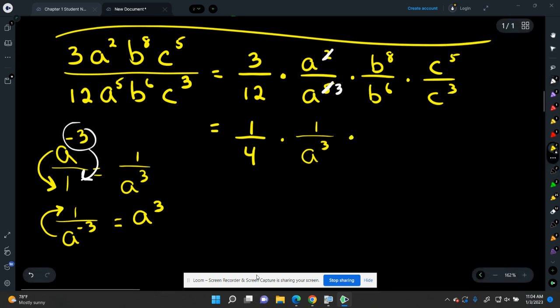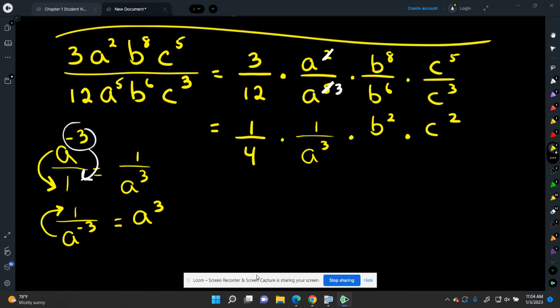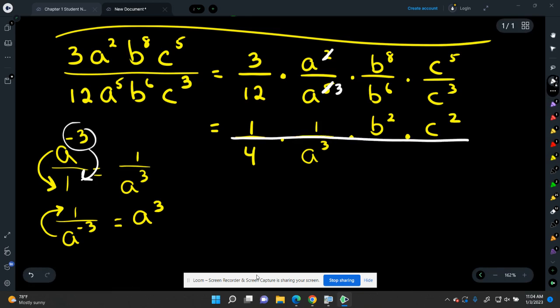What do we have with b? b to the 2nd. And then the c's, we have c to the 2nd. Now we separated them, we worked with each one, and now we're going to bring them back together. All we do is draw a line straight across, because when we multiply fractions, we multiply straight across the top and then straight across the bottom.